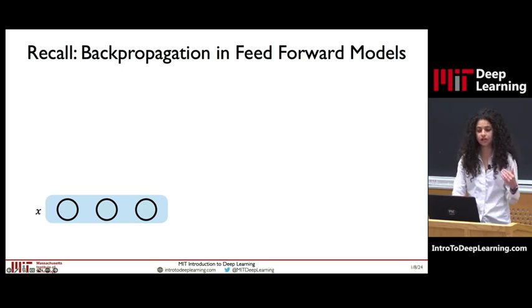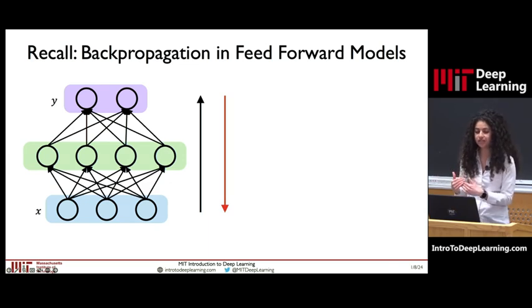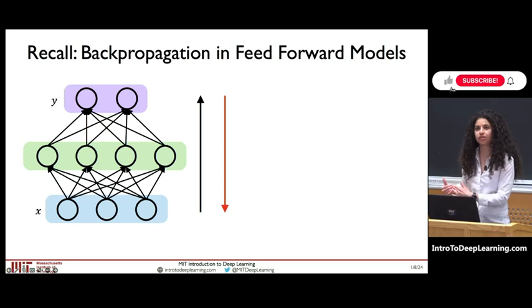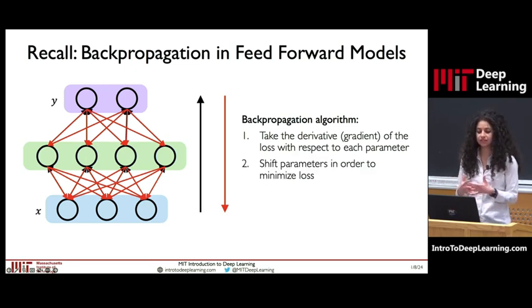We take our inputs, we compute on them in the forward pass to generate an output, and when we backprop, when we try to update the weights based on the loss, what we do is we go backwards and backpropagate the gradients through the network back towards the input to try to adjust these parameters and minimize the loss. And the whole concept is we have our loss objective, and you're just trying to shift the parameters of the model, the weights of the model, to minimize that objective.